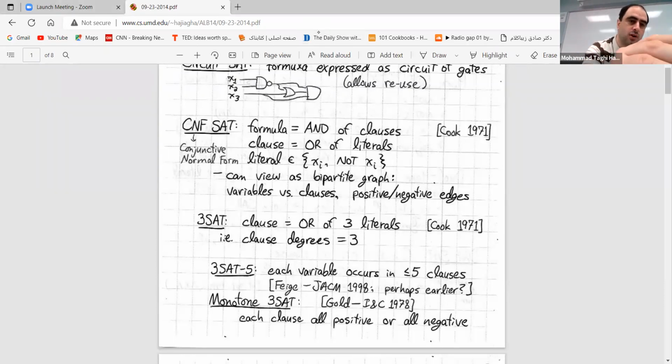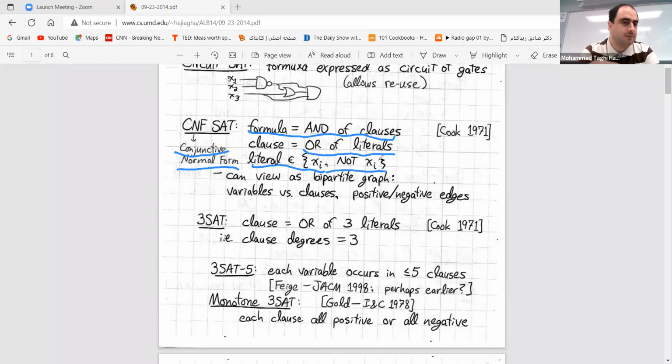That is the actual name of it. What is it? This is the formula that we are considering: the formula is an and of clauses. Each clause is an or of literals, and literals are either xi or not xi. We discussed that one, and we call it the CNF formula.